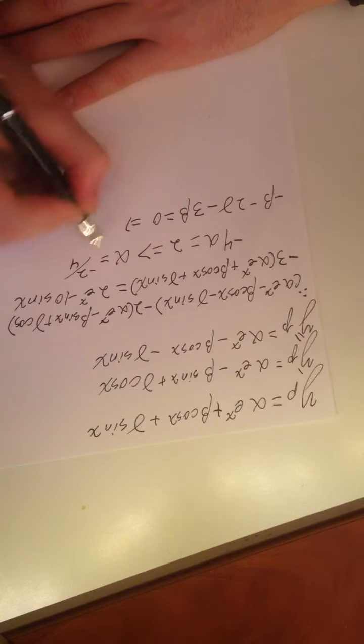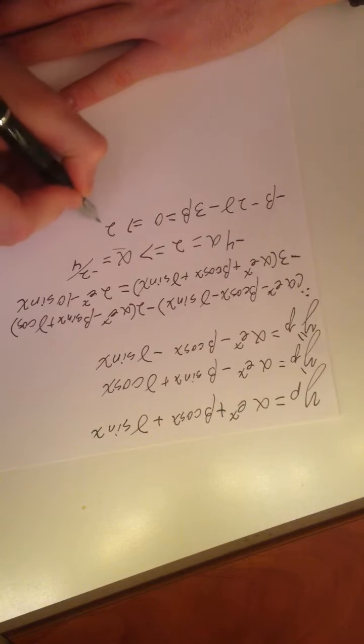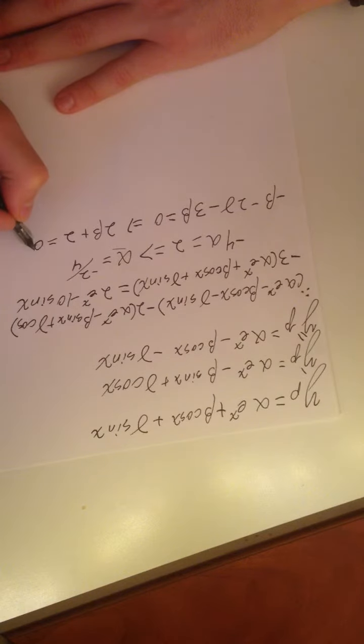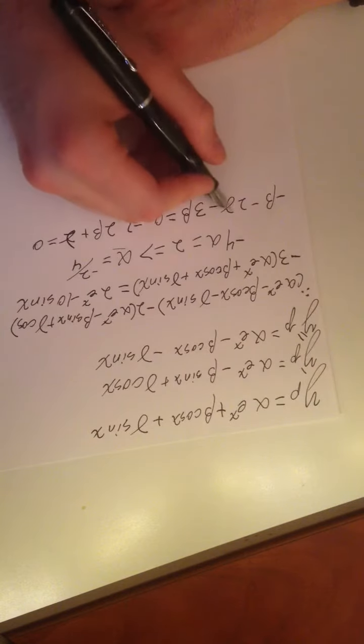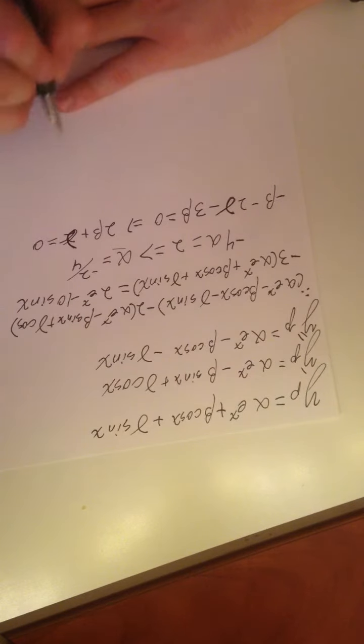Since we know what our alpha is, we're going to plug that into the equation, giving us 2 beta plus 2 gamma equals 0. Excuse me, that's a gamma, not an alpha. We don't know what our gamma is yet, so we're going to leave it like that.